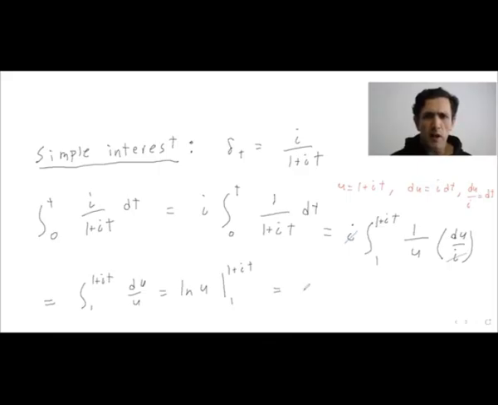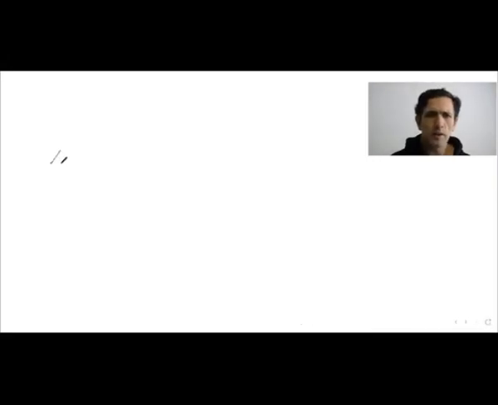Okay, so just dump in here ln of 1 plus it minus ln of 1, and you should know ln of 1 is just going to be 0. So this is just ln of 1 plus it, and you can probably see where this is going. So just dump into our generic formula, a naught e to the integral from 0 to t of force of interest dt.